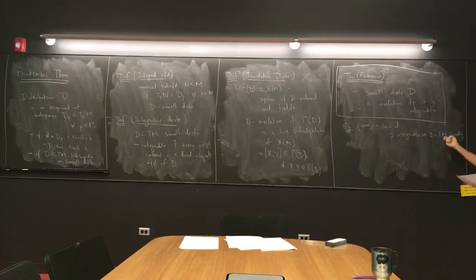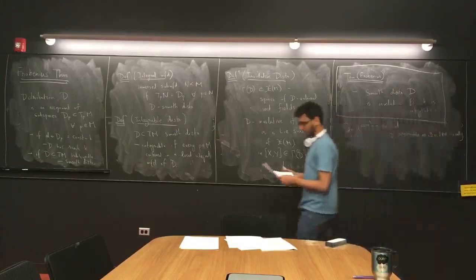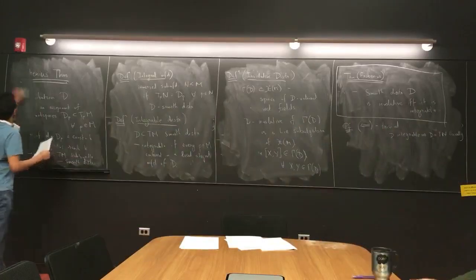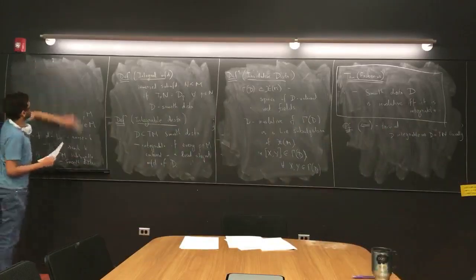And of course, vector fields that take values in this tangent bundle are going to have their commutator also in this tangent bundle. Going forward is the non-trivial part.